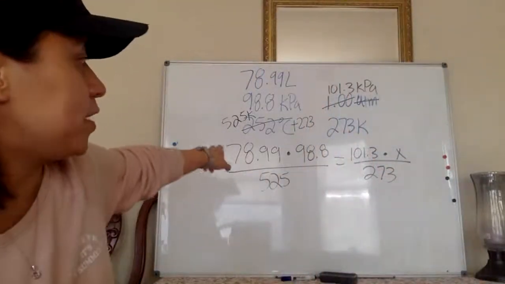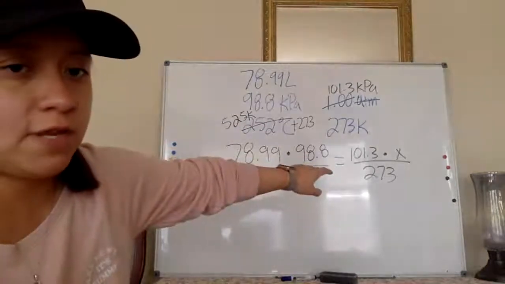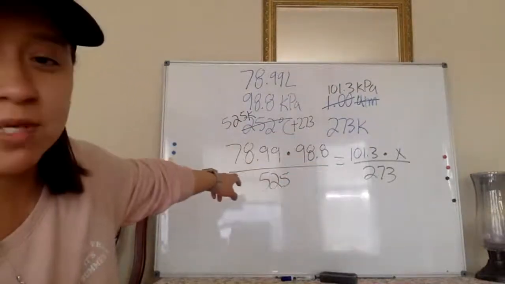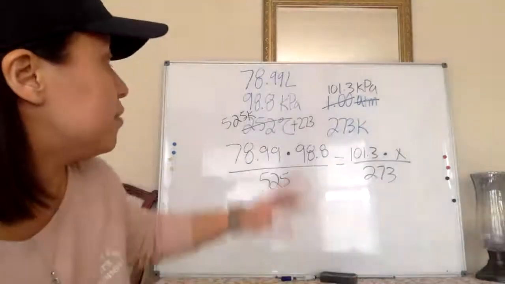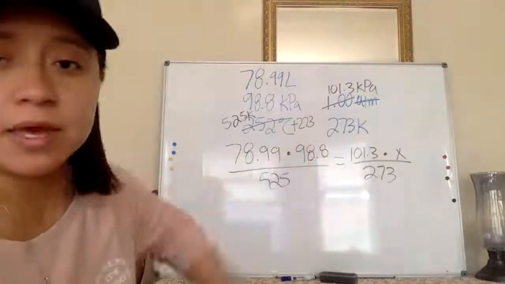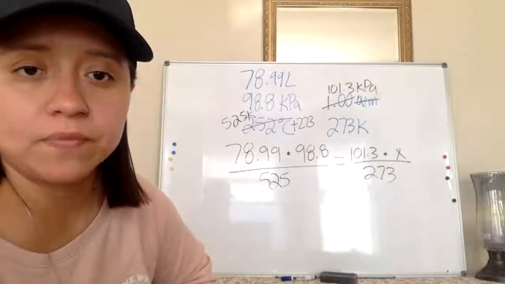And that just becomes a simple combined gas law. Multiply top times 273, multiply 101.3 times 525, divide, find X. The least number of sig figs should be 3, and then that's it, okay?